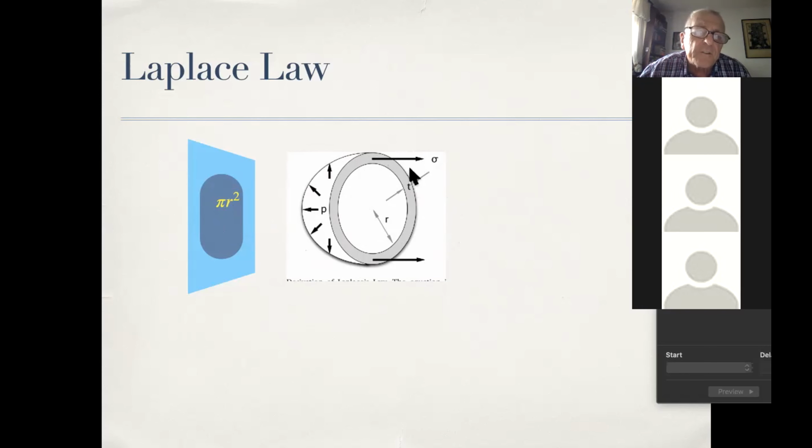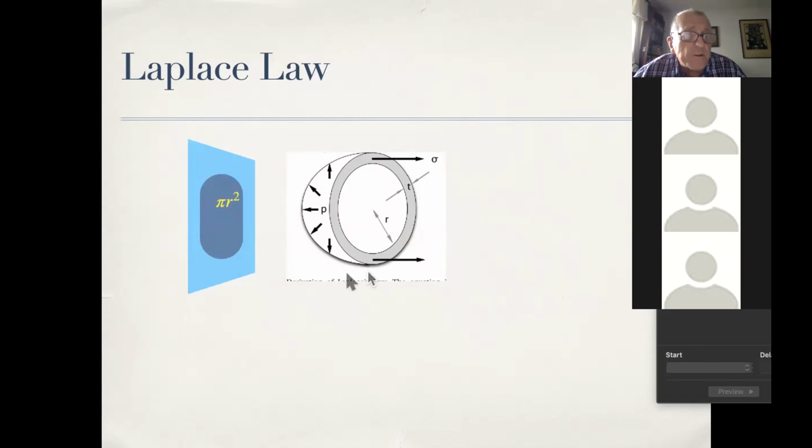The surface tension, on the drawing which I copied from my textbook, was denoted by sigma. It was too late to change the notation for the surface tension from gamma to sigma, so I apologize that on this slide, sigma denotes the surface tension.